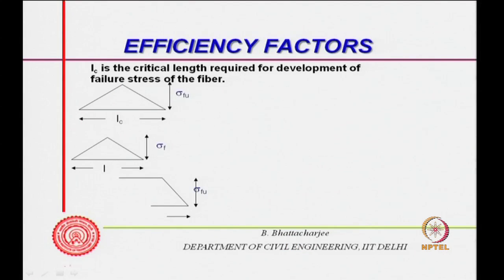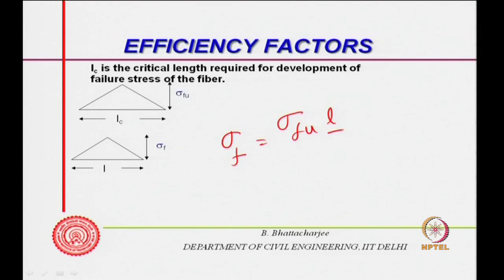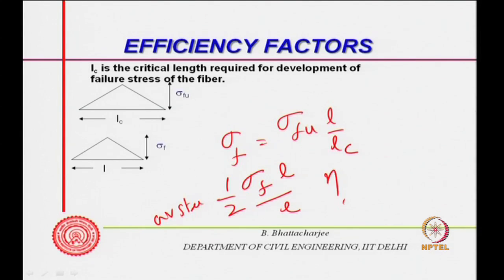Let us do it here right now. Sigma f is equal to sigma fu L by L C. The average stress is half sigma fu into L divided by L. L by L will cancel out, divided by sigma fu, and half remains.